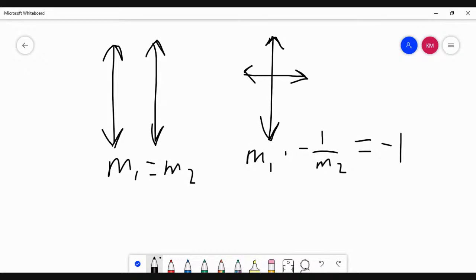When you're dealing with parallel and perpendicular, you will hear the question: write an equation of the line that passes through the given point and is parallel or perpendicular to the given line. So now, for parallel, here's an example.